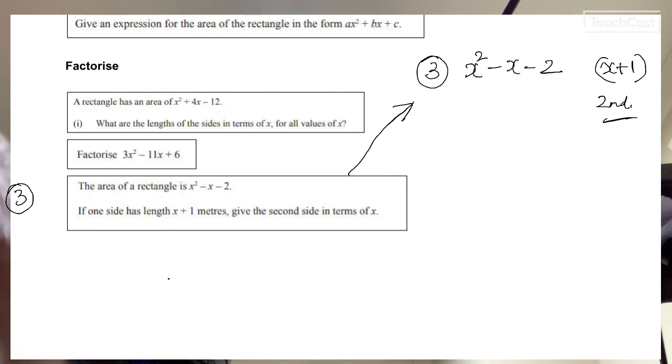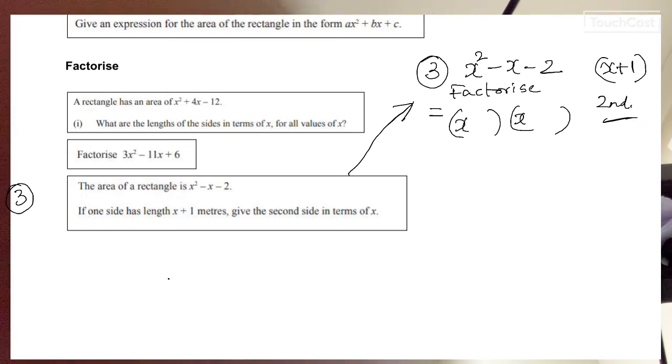Now if you factorize, that's the skill, put them within 2 brackets, and if I go for x and x, that will multiply to x squared. Now I investigate, I look at that sign. This tells me this is -1.